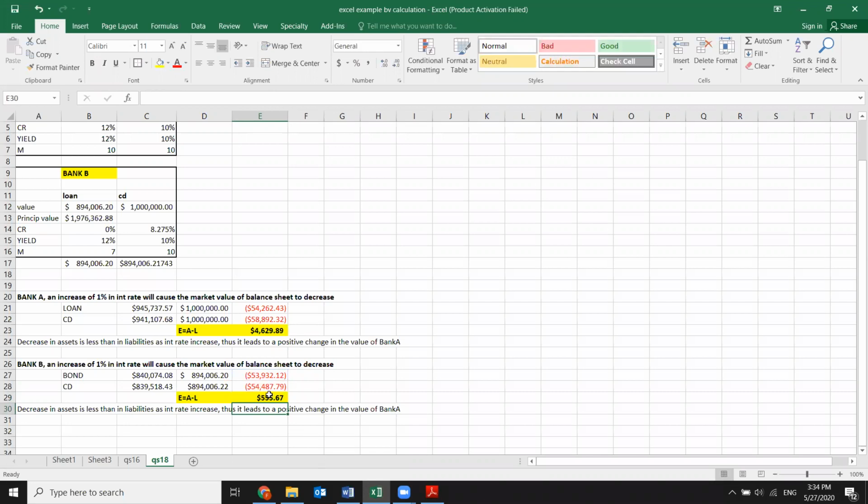But the equity will change by a smaller number if you compare with this. The explanation is the same. The decrease in the asset is less than in the liabilities as interest rate increases, so it leads to a positive change in the value of bank B. However, bank B has smaller effects. Here's a question.